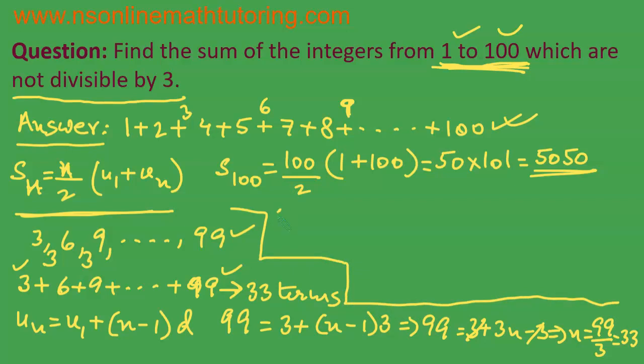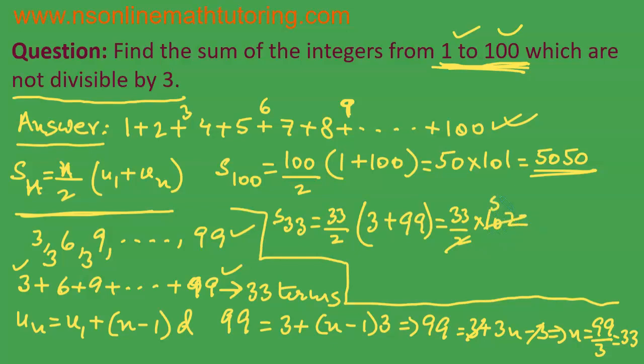So now we find S33. That is n over 2, which is 33 over 2, times the first term 3 plus the last term 99, equal to 33 over 2 times 102, since 99 plus 3 is 102. Half of 102 is 51.